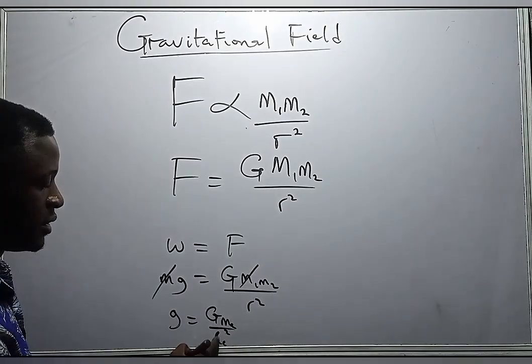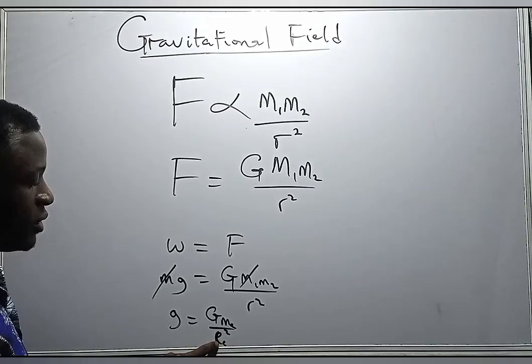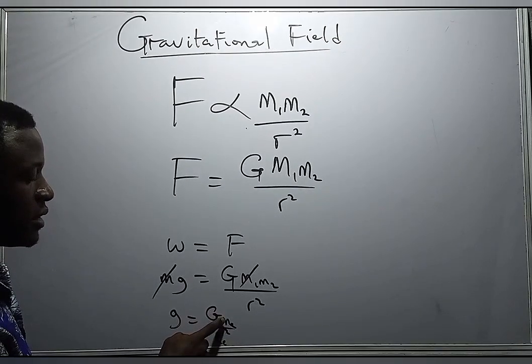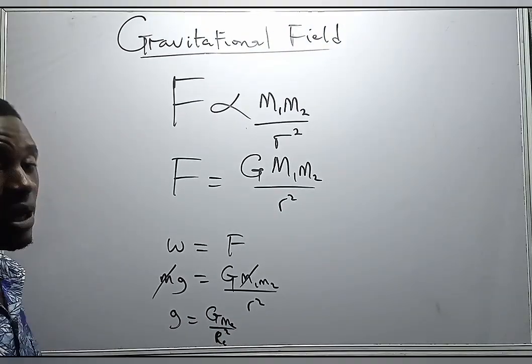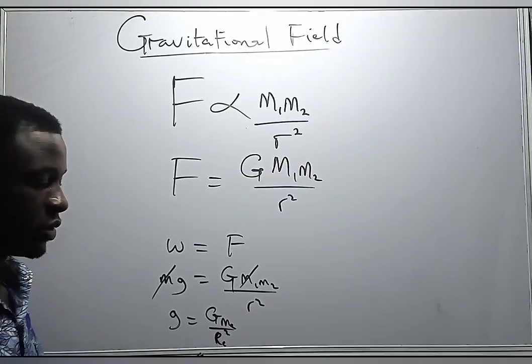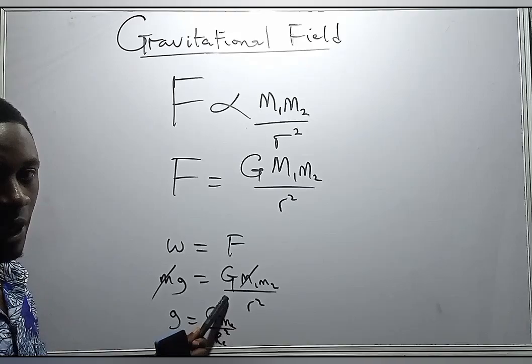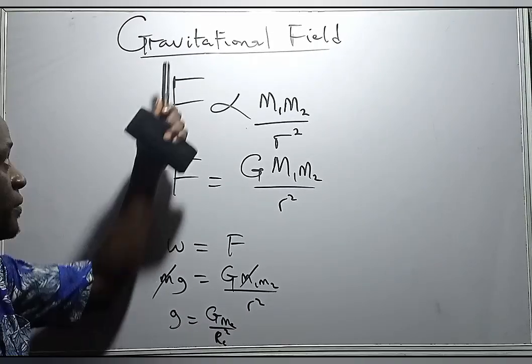This is the radius of the Earth. So if I put the radius of the Earth here and I square it, and here I put the gravitational constant and the mass of the Earth, by the time I do that, I'm going to get the regular 9.8 meters per second squared that you know. So the weight of an object is equal to the gravitational pull on that object. By the time you equate the two, you are going to arrive at this.